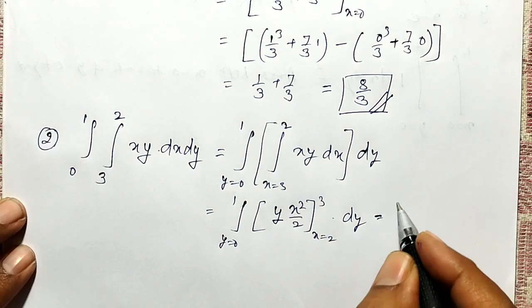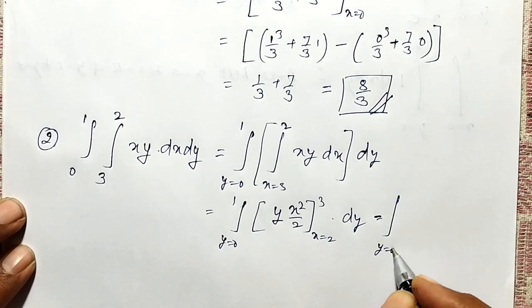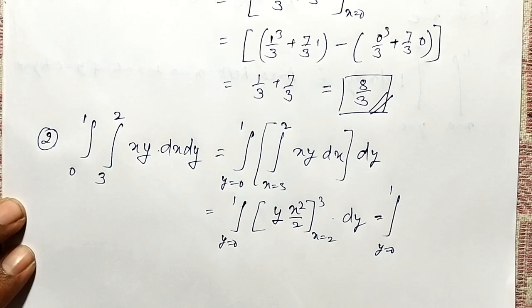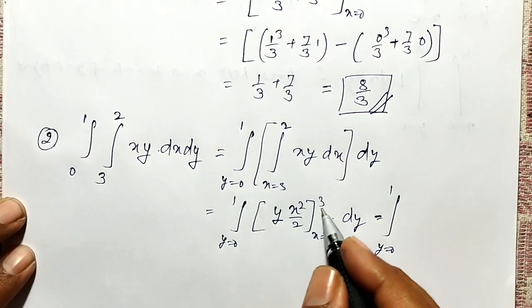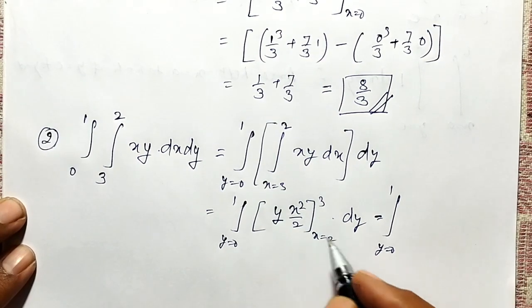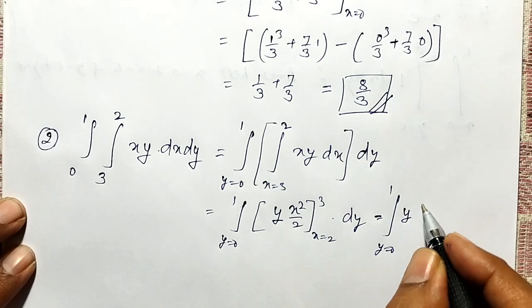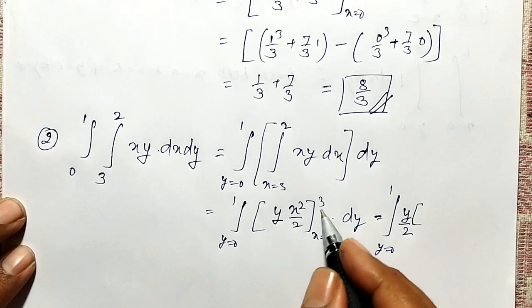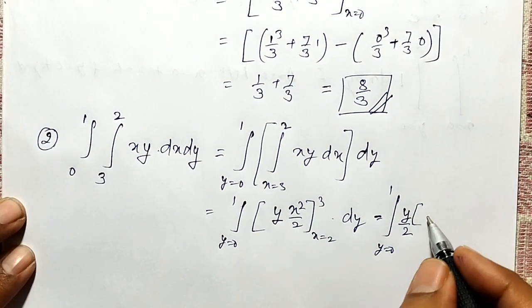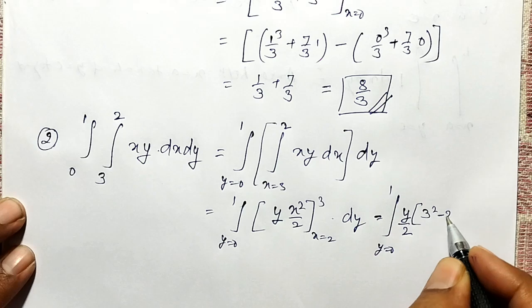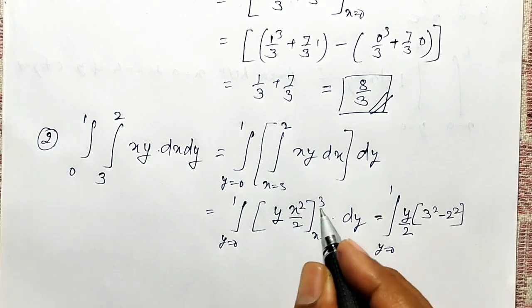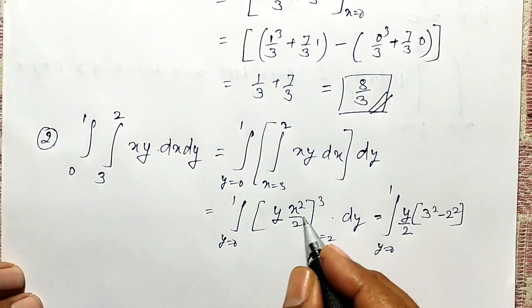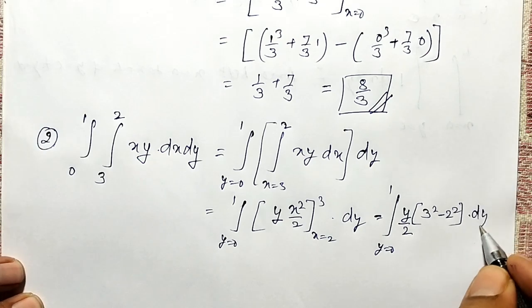Now integration from y equal to 0 to 1, y I have to substitute x values, upper limit and lower limit. y as it is, by 2 also I can take outside, and upper limit 3 square minus 2 square, because it is the x value I am substituting, 3 and x equal to 2, into dy.